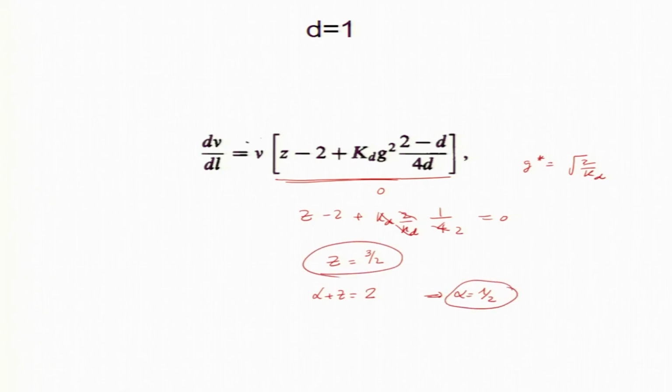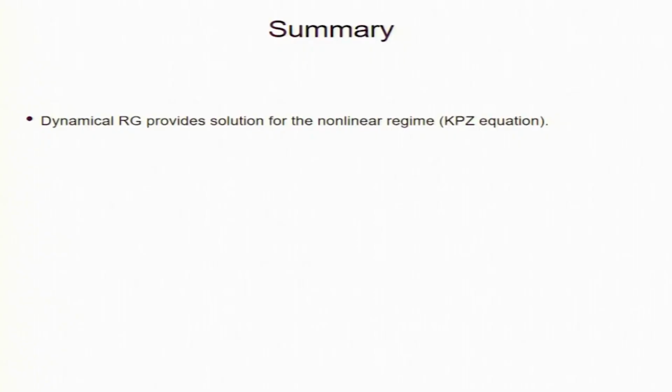And it also tells you the dimensional dependence: for d greater than 2 we are not getting this roughening, alpha is 0. I already told you about d greater than 2.